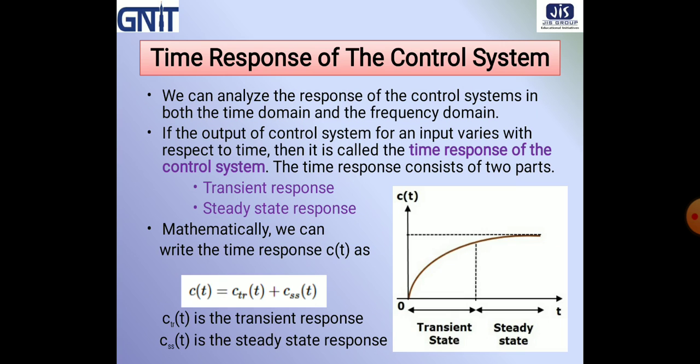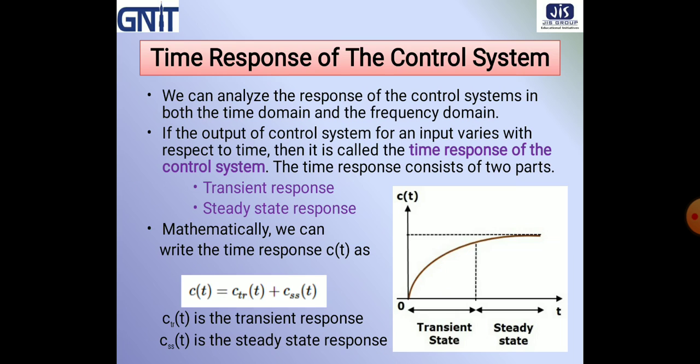Just look at the figure, from 0 speed to constant speed. In between 0 speed and constant speed there is a region, and that region is called transient state. And when the speed of the fan reaches a constant speed, then it goes to steady state value. So this is the transient part and this is the steady state part.